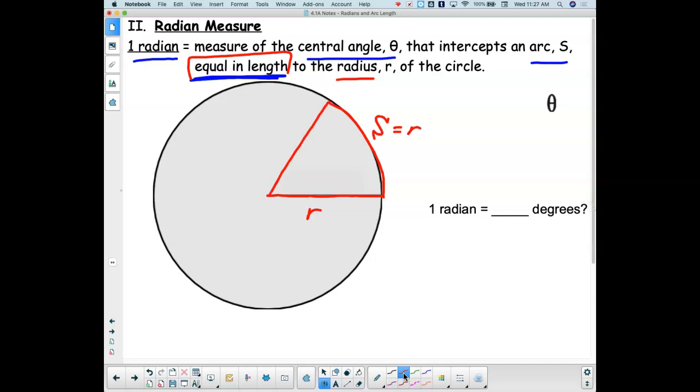When I draw that, theta is 1 radian. That's what we talked about. Okay, so that's a big deal. To get 1 radian, the length of that arc is exactly the same as the length of that radius. If that happens, we get 1 radian.